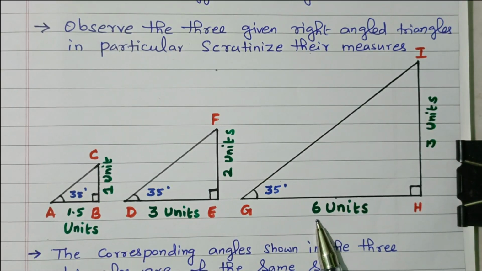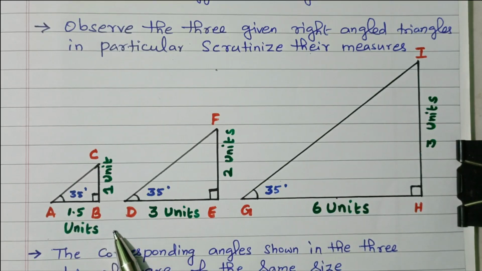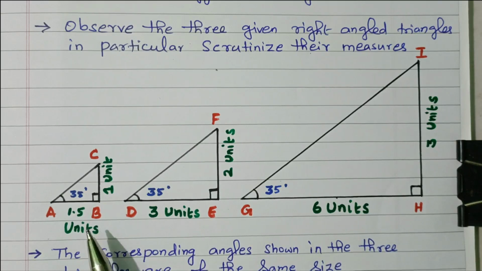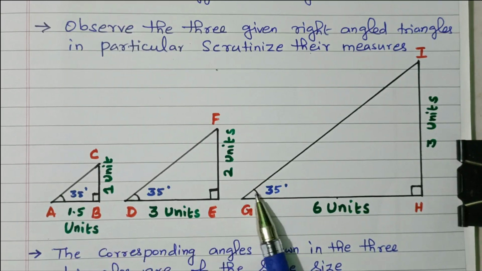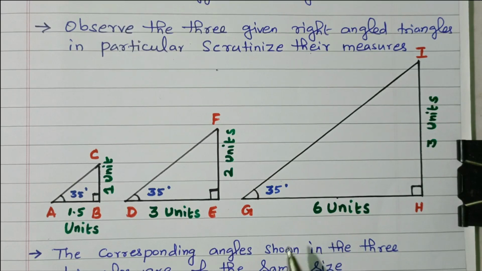So the angles are all equal, and the ratio is also almost equal, around 0.7. That is the observation we got from these triangles having the same angle. Only the units are different, and the ratio is approximately 0.7.